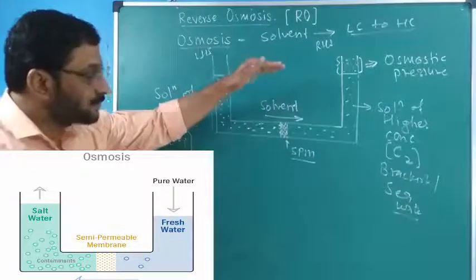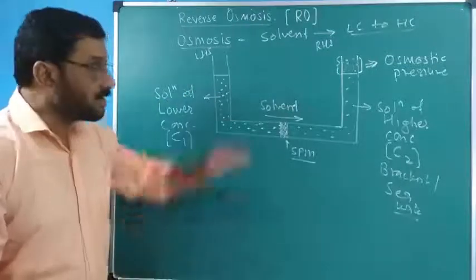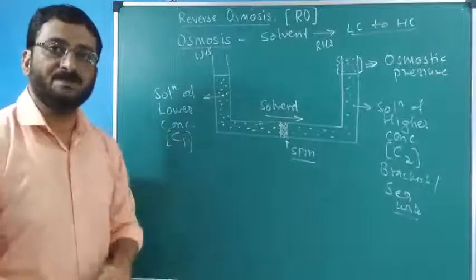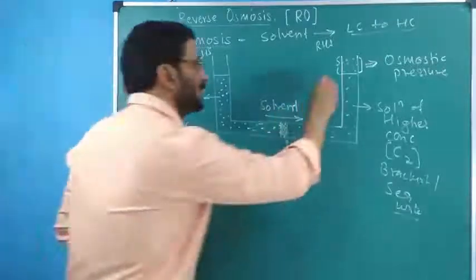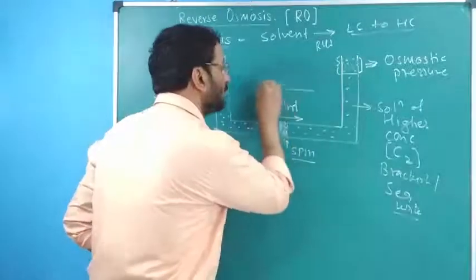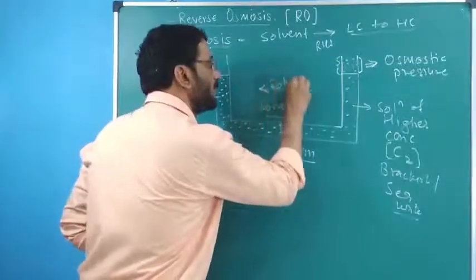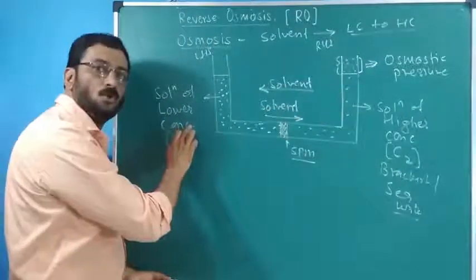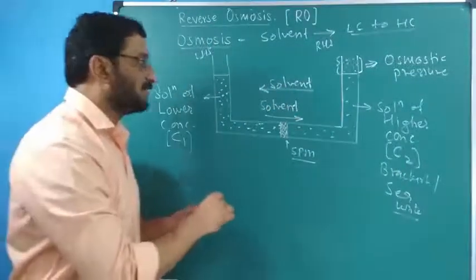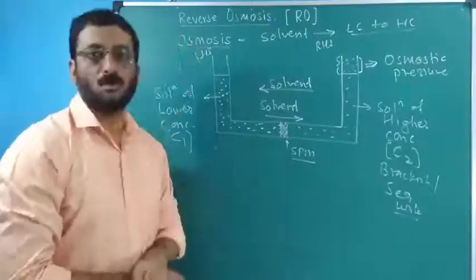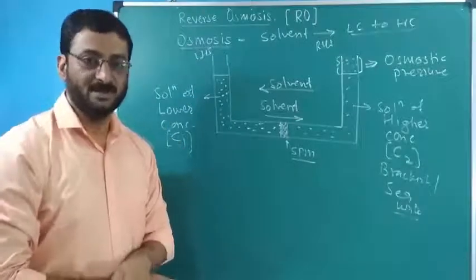On this higher concentrated solution we apply pressure above the osmotic pressure, so that instead of the solvent flowing from left to right, only the water part will move from the higher concentrated to the lower concentrated part, so as to separate pure water from sea water.